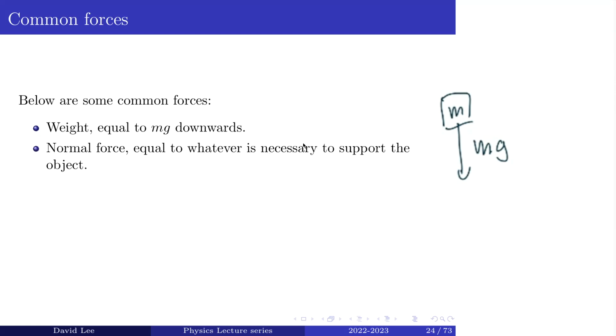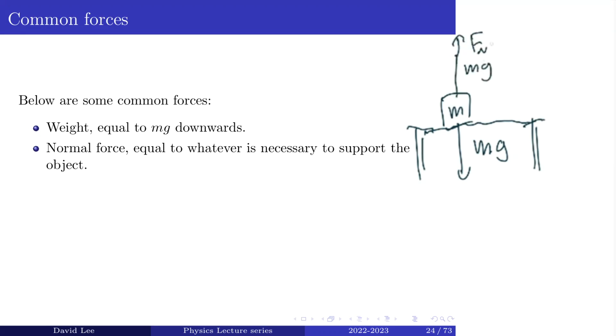And secondly, we have normal force, which is kind of like whatever is necessary to support the object. So if the box is sitting on a table, then the table will provide some sort of normal force. And in this case, it will be mg upwards.